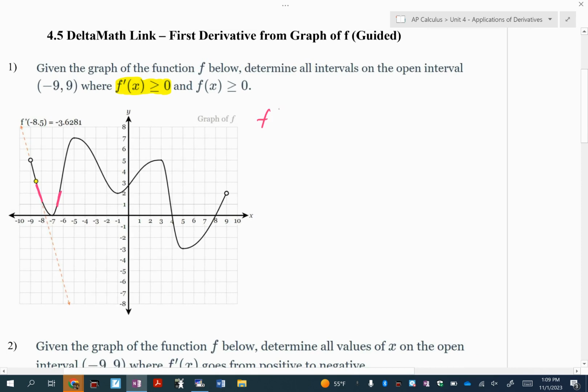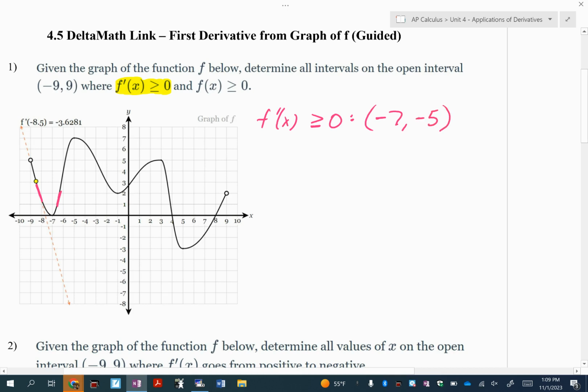So in terms of f prime of x greater than or equal to 0, I'm going to start with -7. And let's see, and we can do Georgie's thought as well. All right. These are all positive still. Where do I stop having positive tangent lines? Or, because Georgie had a great idea, where does it stop increasing? Where does the function stop increasing? At -5. Excellent. Write it down.